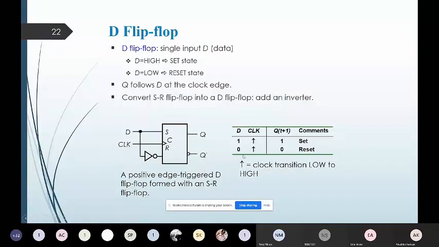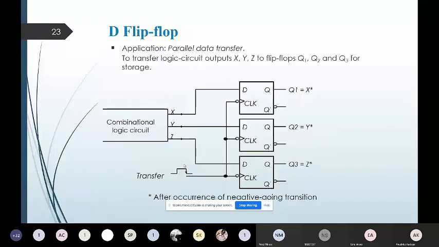While if the D value is 0 with upgoing clock edge, which is indicating positive edge trigger, the next state will be 0 as the D input is 0, and this state will be said to be the reset state. This is how we can get the conversion of positive edge triggered SR flip-flop in the form of the D flip-flop.